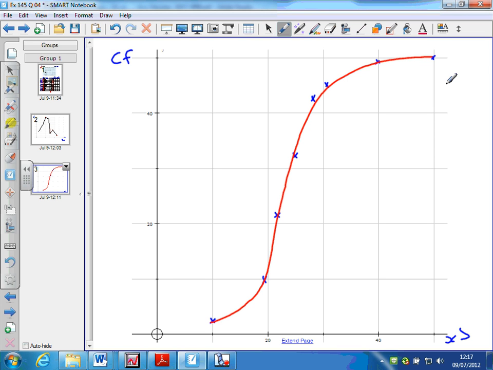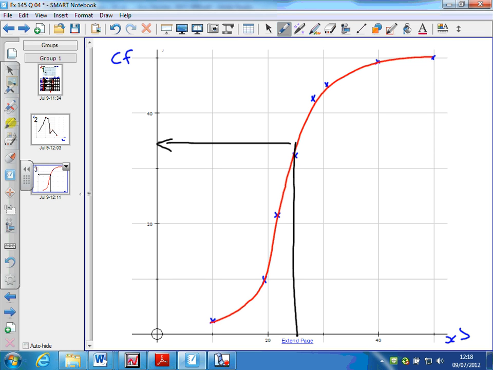So I can go to 25 on my graph, which is here, and then go up to where this meets the line, and then across to get a value. Around about 35 bits of data have a value of 25 or less. How many bits of data have 40 or less, and going up and across?